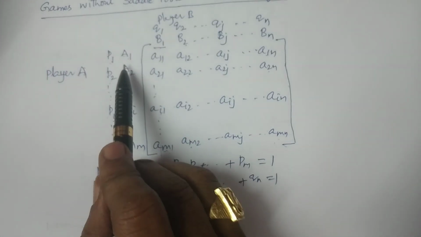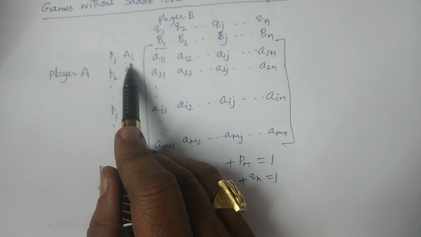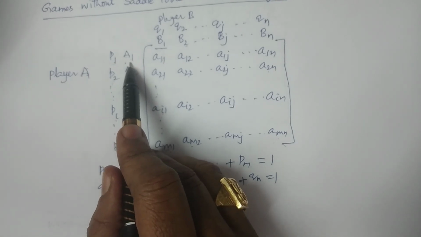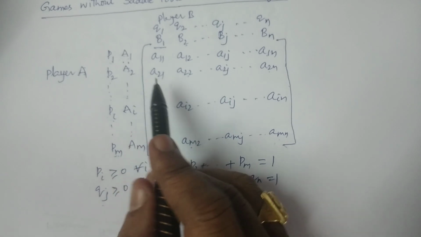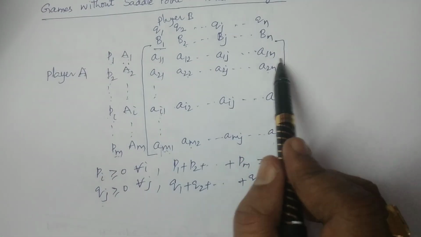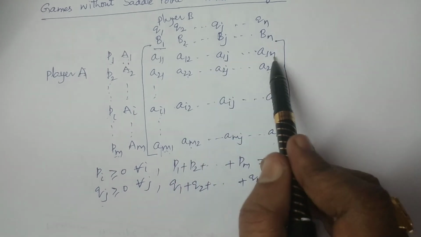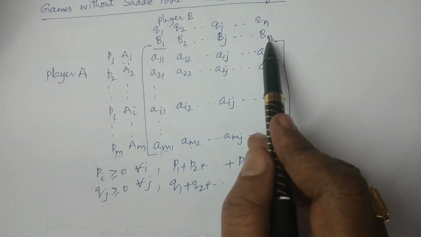If player A uses strategy A1, then what would be the expected loss for player B? That is going to be calculated by taking all these particular payoffs of player B, A11, A12, A1j, A1n, with the probabilities.